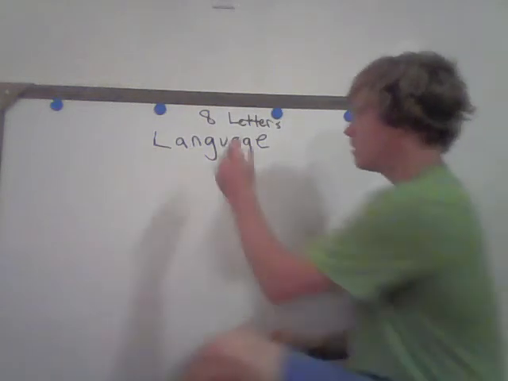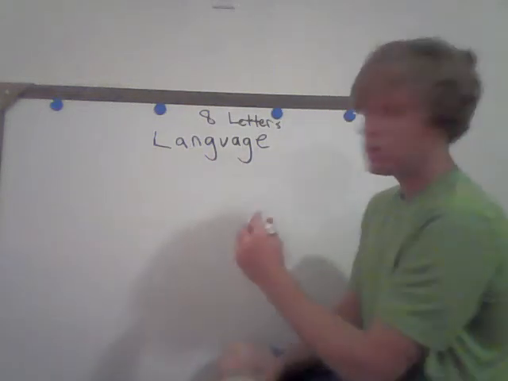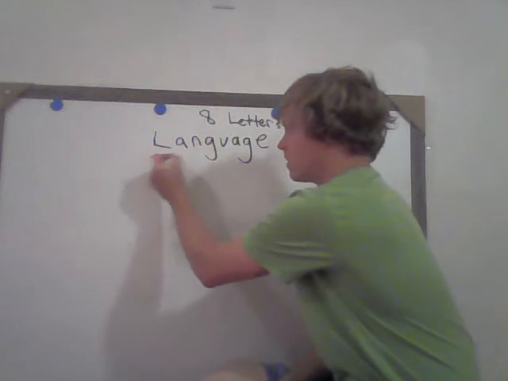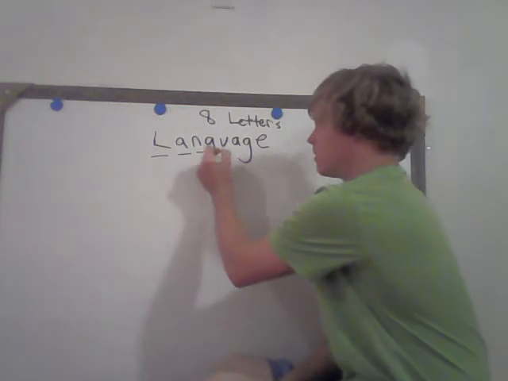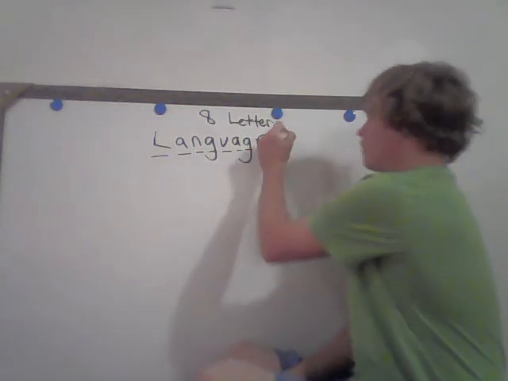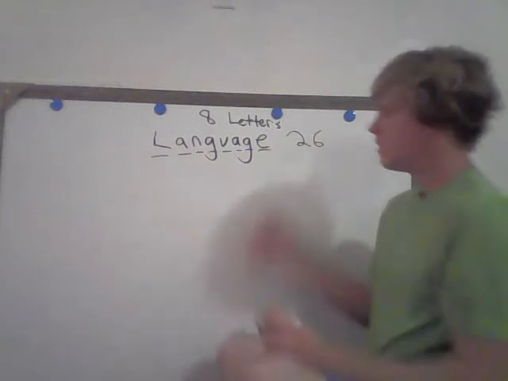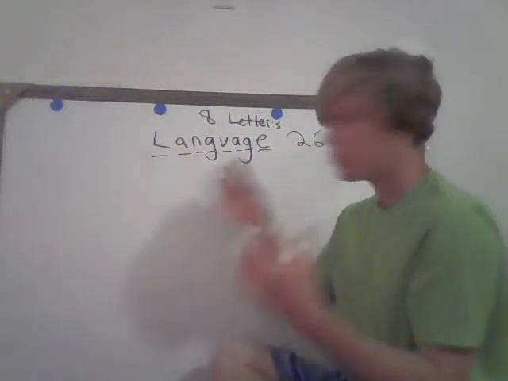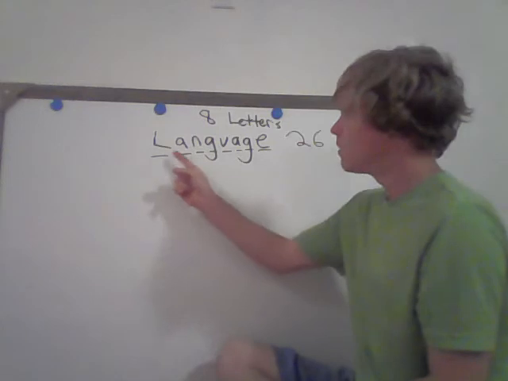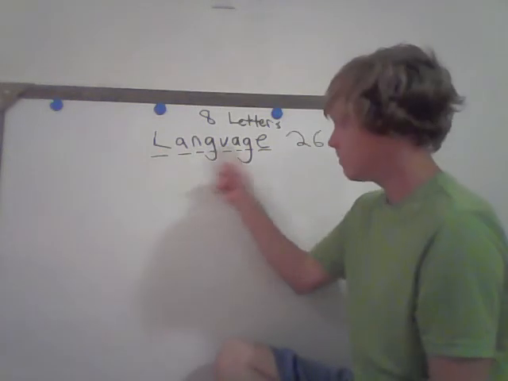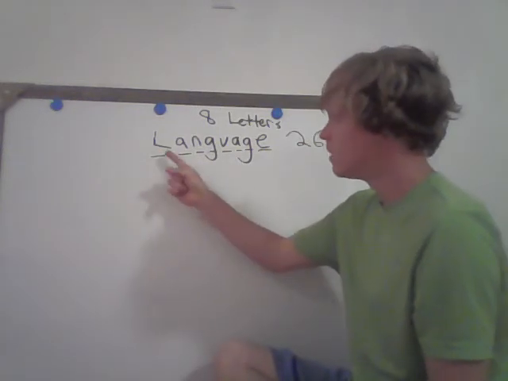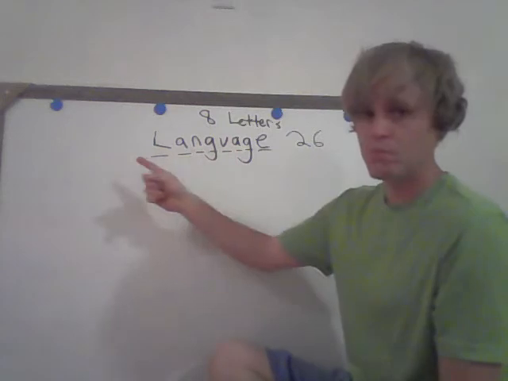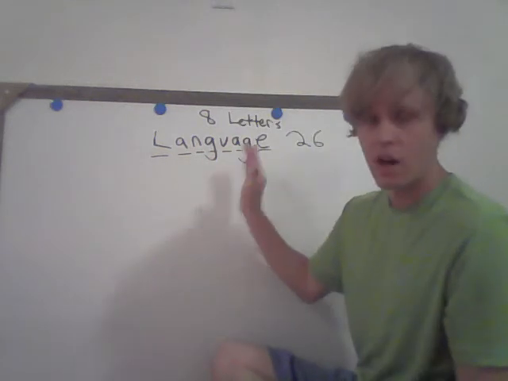So we have 8 letters here, and in each one of these 8 places, you have 26 possibilities, right? A, B, C, D, E, F, G. There's 26 letters. So in each one of these places, you have 26 possibilities that could have gone here.